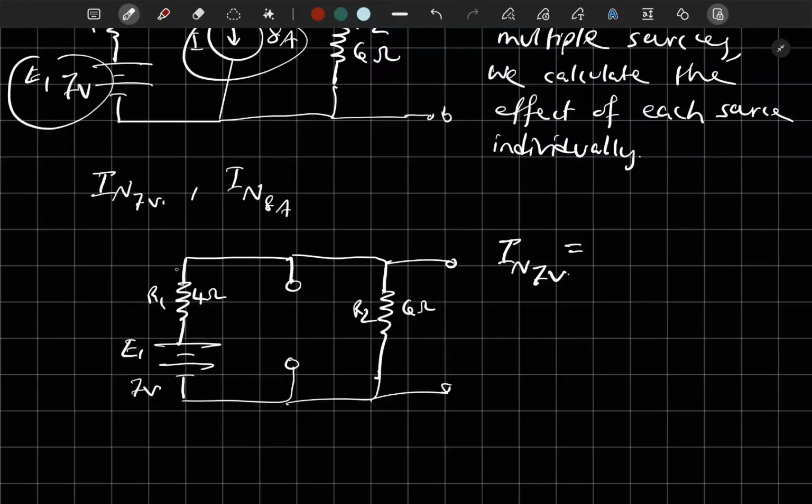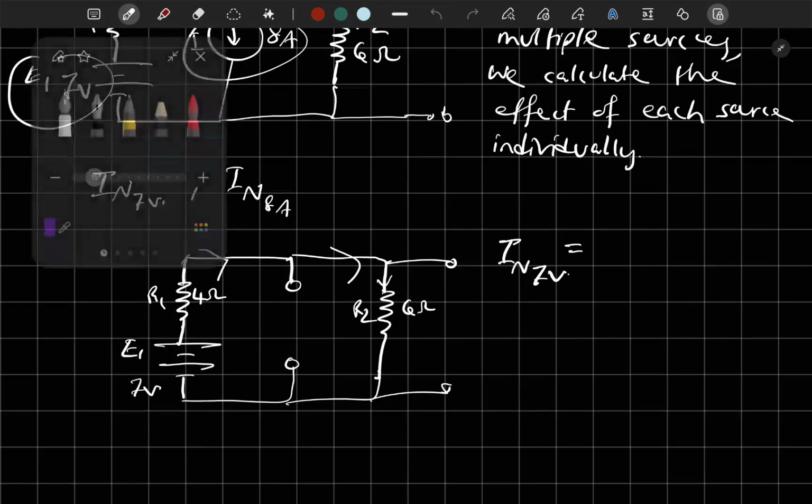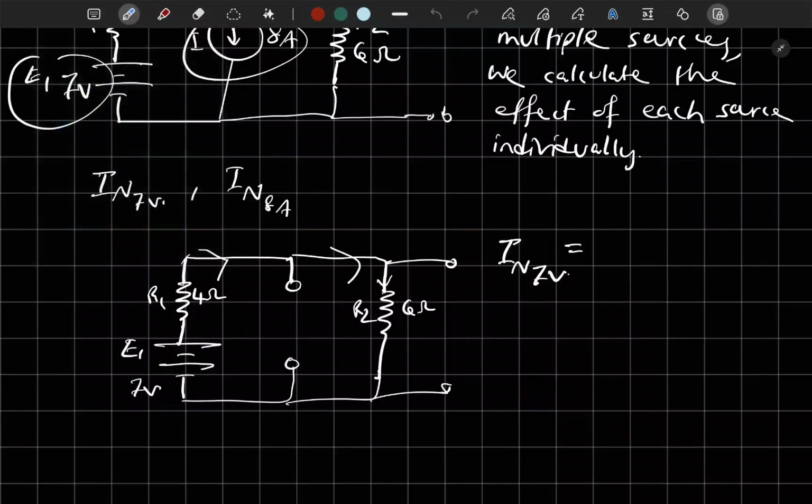We can see that R1 is in series with R2 because it goes straight and down. But we are calculating IN, so we will short circuit the load terminals. Now what happens after a short circuit in the load terminals? It's still series, but since current follows the path of least resistance, there will be nothing flowing here, so this will be 0. This way will be all the current produced.